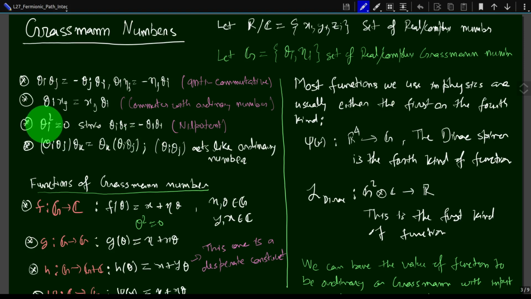So even if this acts like a real or complex number, it is going to be nilpotent: the square of that number is going to be 0, even though they are commuting numbers. I can create a commuting nilpotent number if I write it as a product of two Grassmann numbers. These are the basic properties. This is all we need for defining, and we'll define the calculus later.